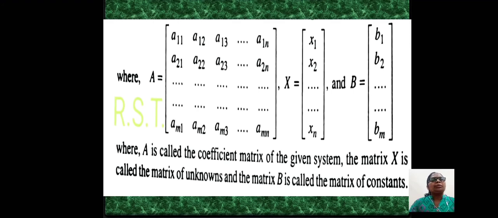A is called the coefficient matrix of the given system. The matrix X is called the matrix of unknowns, and the matrix B is called the matrix of constants.